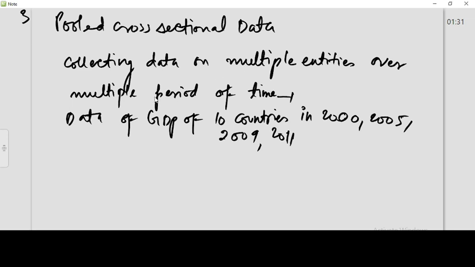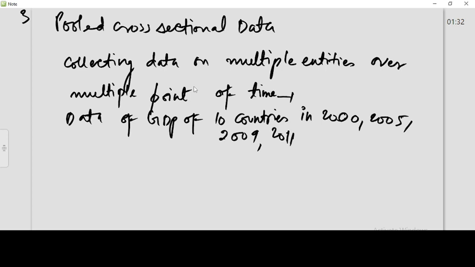Let me cut this word here, period, and instead write multiple point of time. So this is your pooled cross-sectional data.